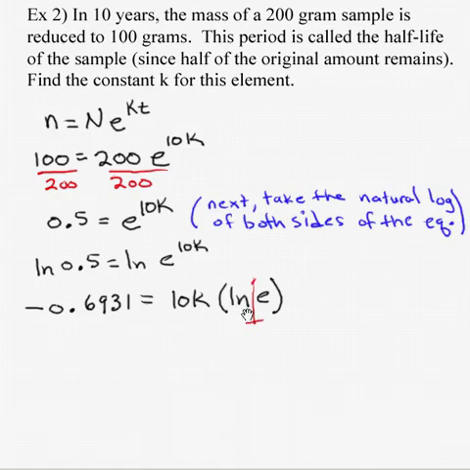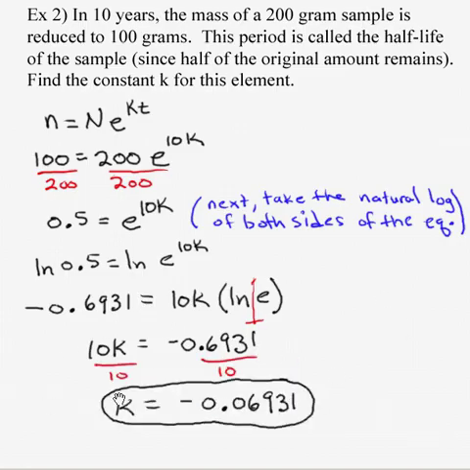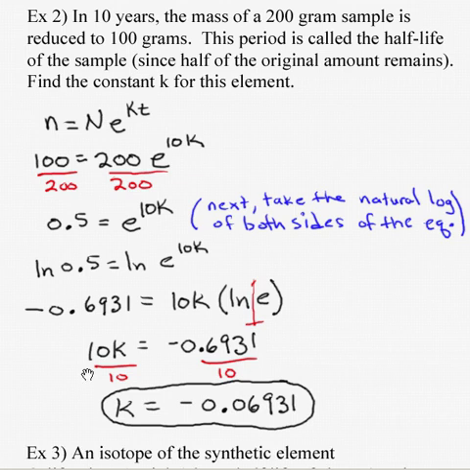Natural log is saying e to what power is e to the first power, and that's 1. To get k by itself, I'm just changing sides of the equal sign. Divide by 10, and we found the constant of decay here is negative 0.06931.